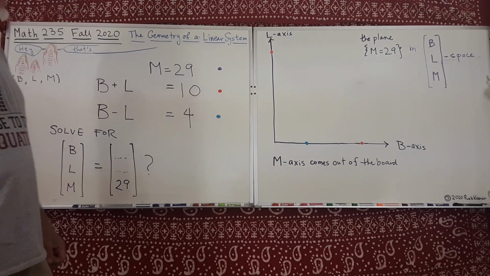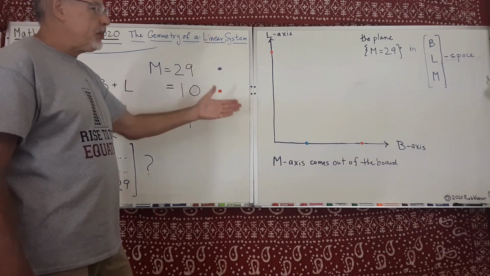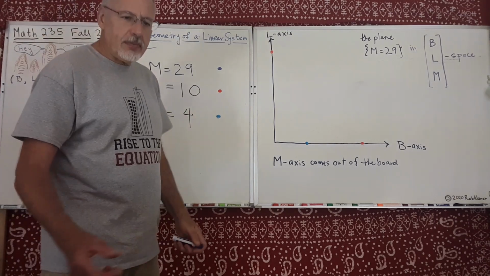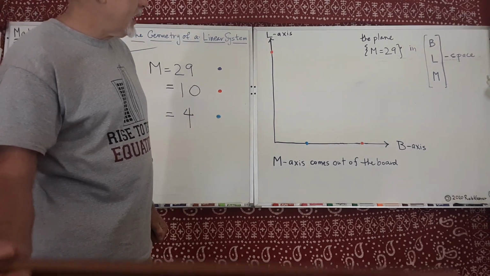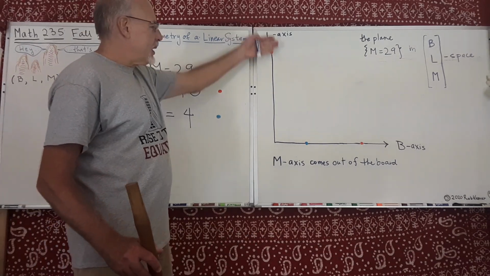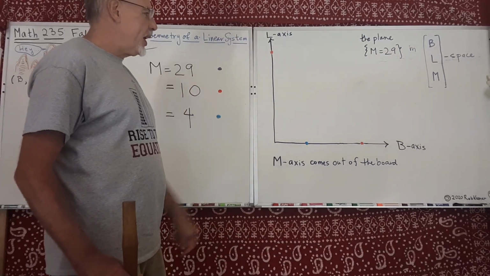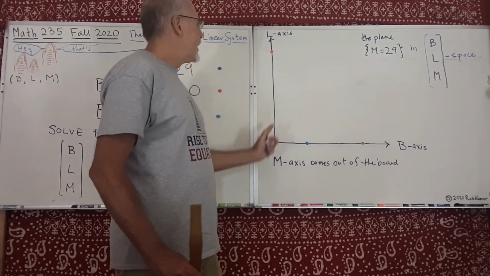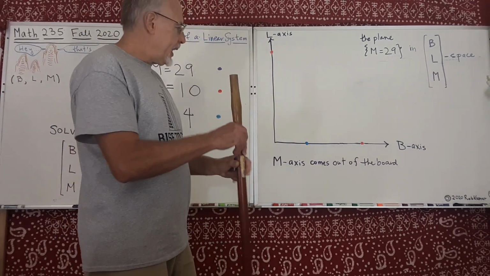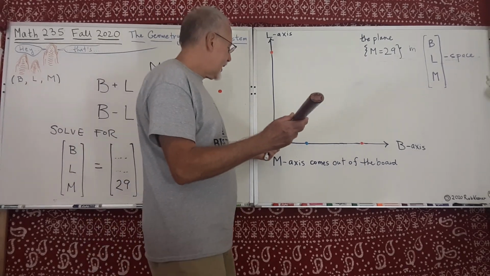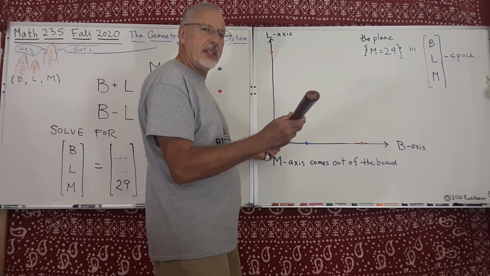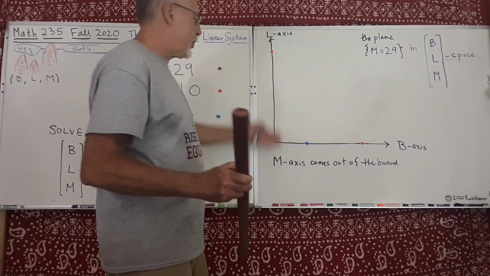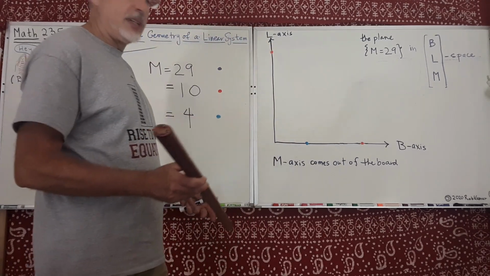And m equals 29 describes a plane in this space. If we like, you can think of it to be the plane of the whiteboard, in which case I'll draw the b-axis going this way, the l-axis going this way, and the m-axis coming out of the board right at you. So this would be where m was 29 rather than m equals 0 if we had the coordinate axes.